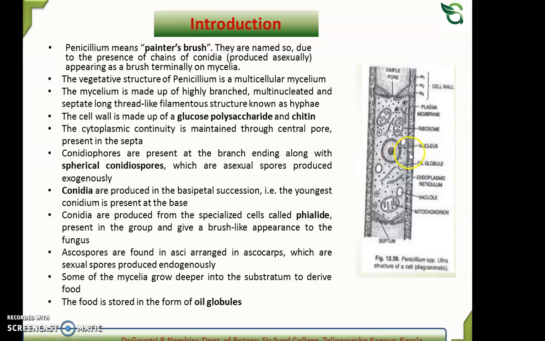They contain a single nucleus, ribosomes, mitochondria and other cell organelles. And the cell wall is made up of glucan, polysaccharide and chitin.